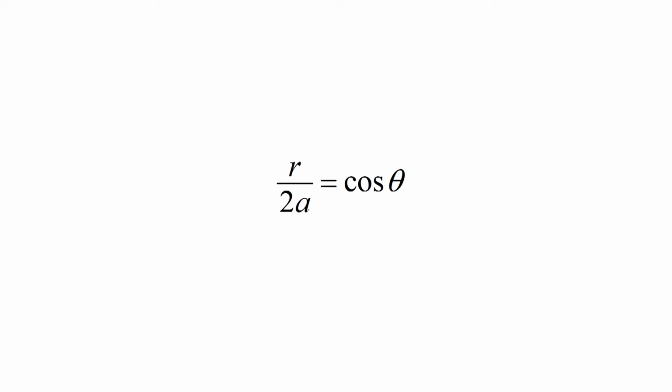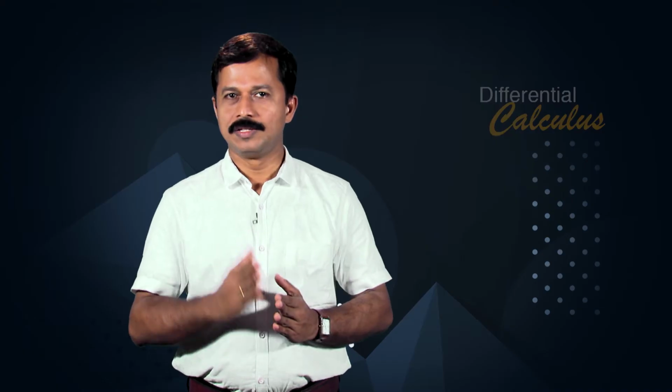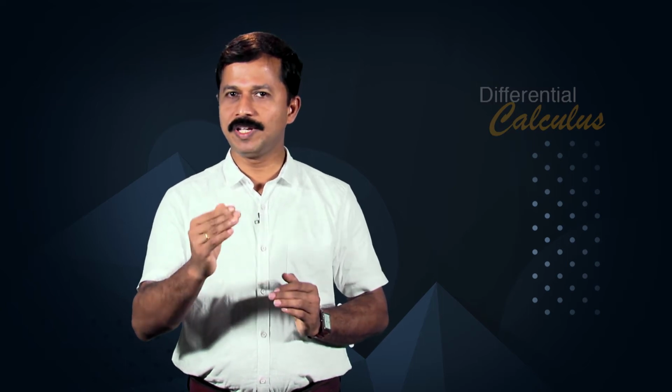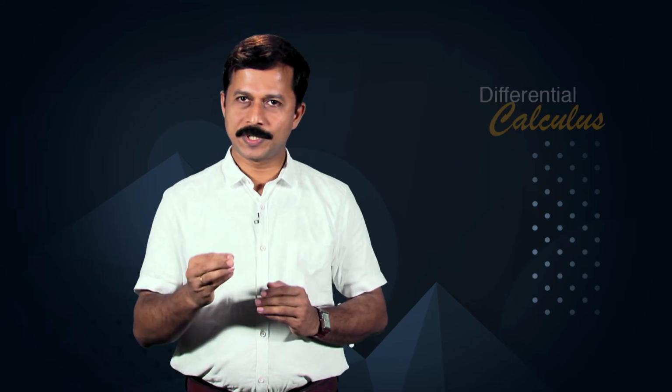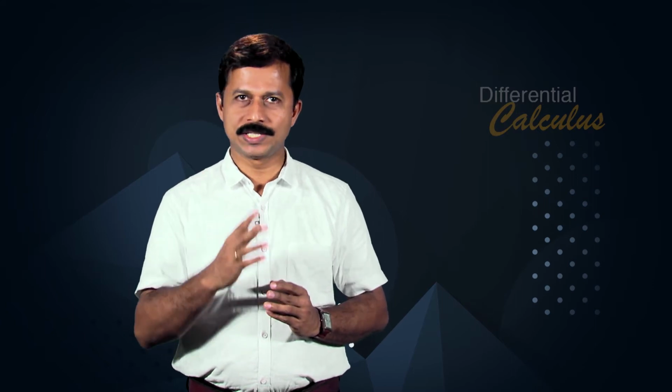That is, r equals 2a cos theta. Hence, the locus of all possible ordered pairs (r, theta) satisfying the equation r equals 2a cos theta represents a circle of radius a centered on the x axis at the point (a, 0) in Cartesian coordinates and tangent to the y axis at the origin.